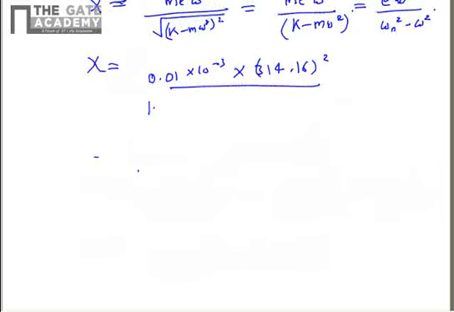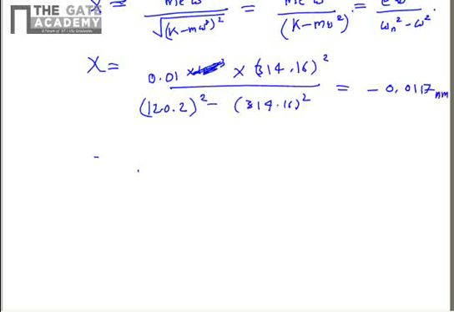Omega n is roughly 120.2, whole square, minus omega, again 314.16, whole square. If you evaluate this value, you will get an answer of 0.0117 mm. If you don't consider the scaling factor for meter here, you have to convert. So this is the maximum deflection for the given condition.